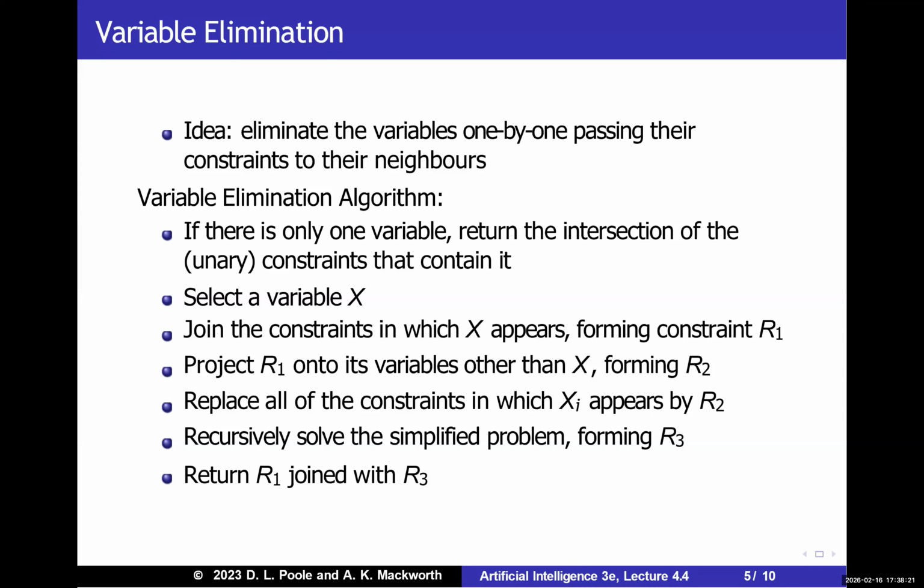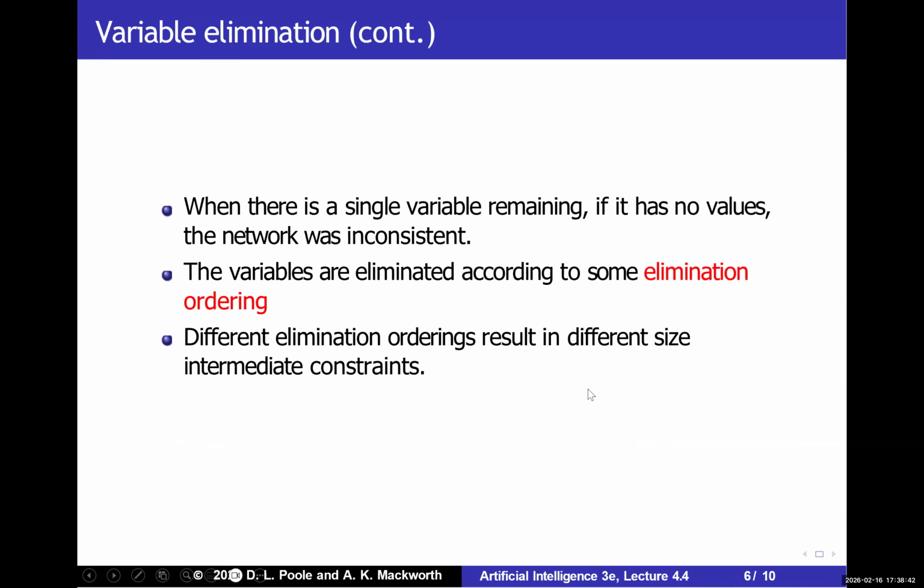This effectively summarizes the impact of that variable without assigning it a value directly. The process continues recursively until only one variable remains. Then we reconstruct the solution by working backwards. Variable elimination shifts the work from search to constraint combination.